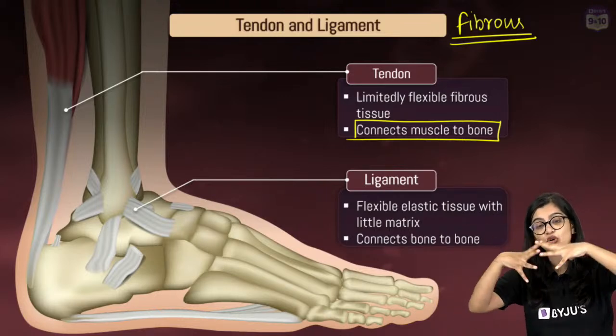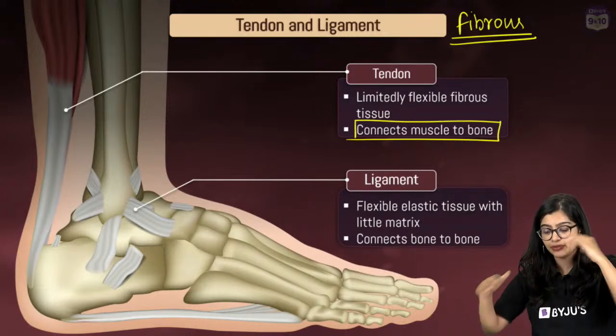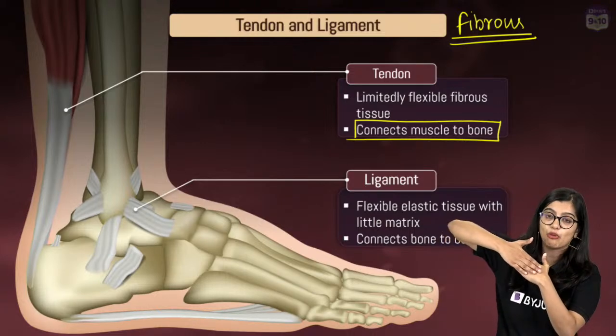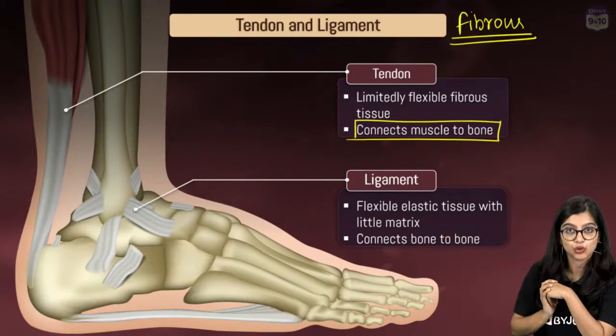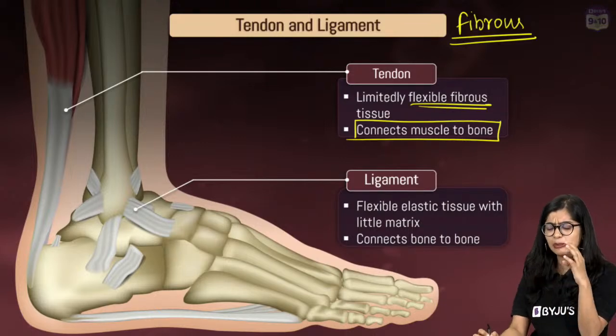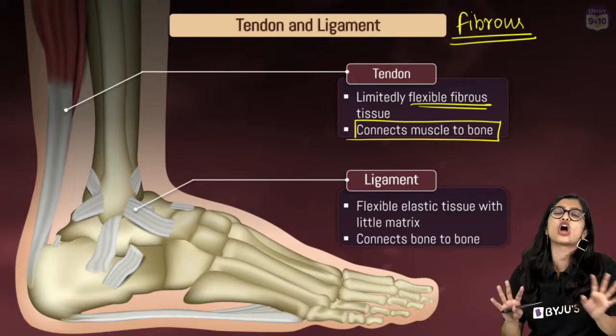Muscle and bone need to coordinate and work together. So how will they coordinate and work together? With the help of your tendons, right? So your tendon will connect your muscle and bone together such that they will be able to work. And it has limited fibrous flexibility. Basically in terms of flexibility, it's not so much.